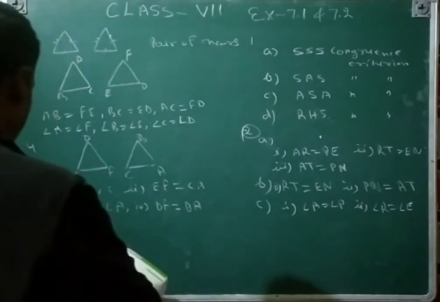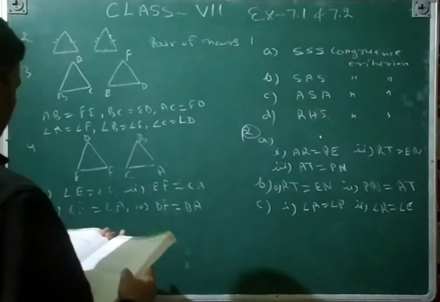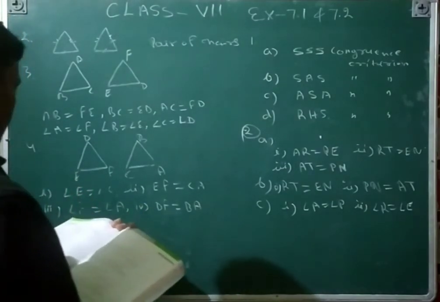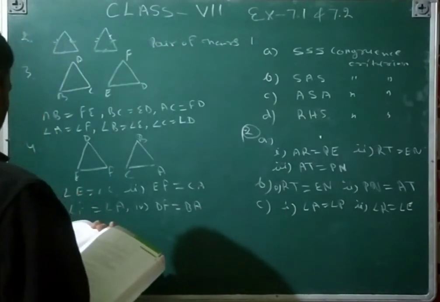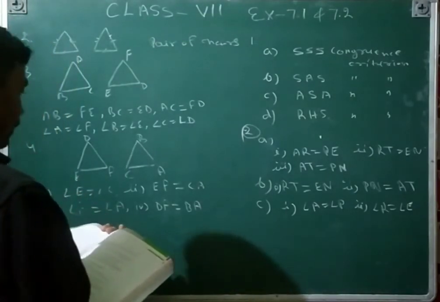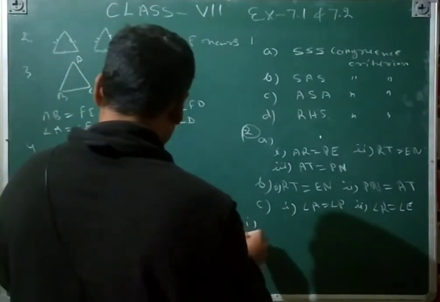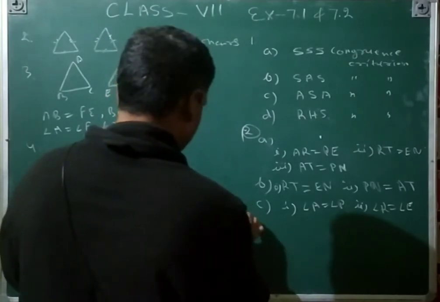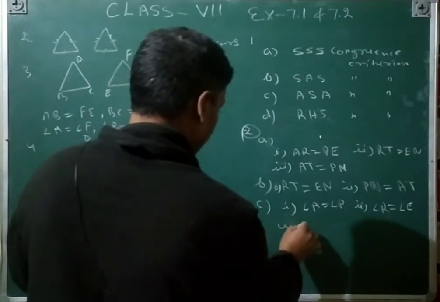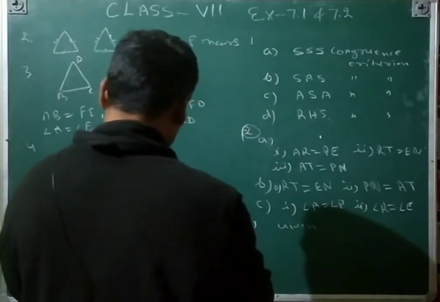And then question number 3, you have to show that triangle AMP is congruent to triangle AMQ, so you will fill in the blanks here. The first part, PM is equal to QM, that is given. For the second, that is also given.